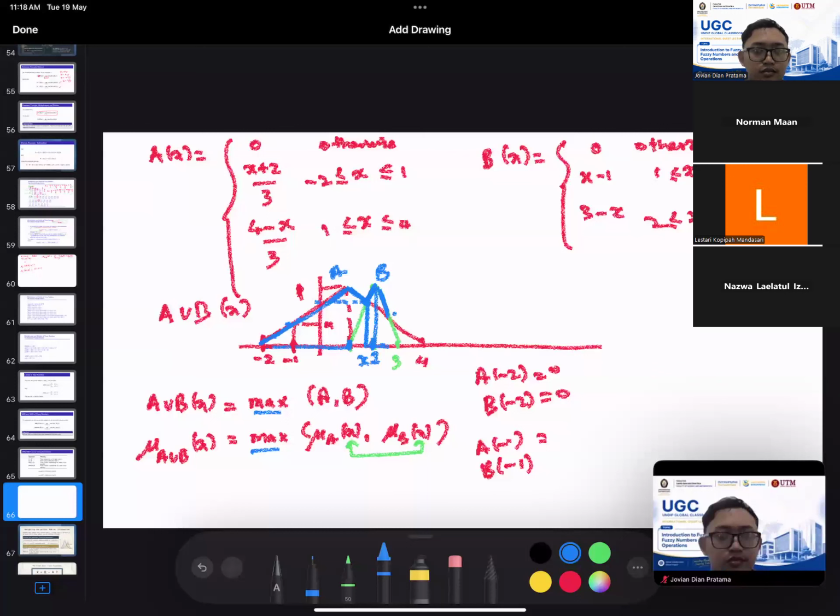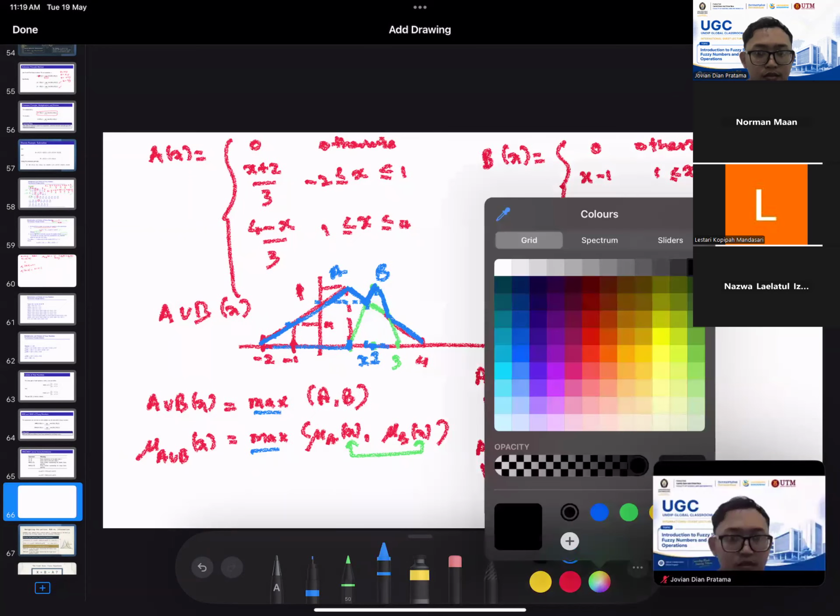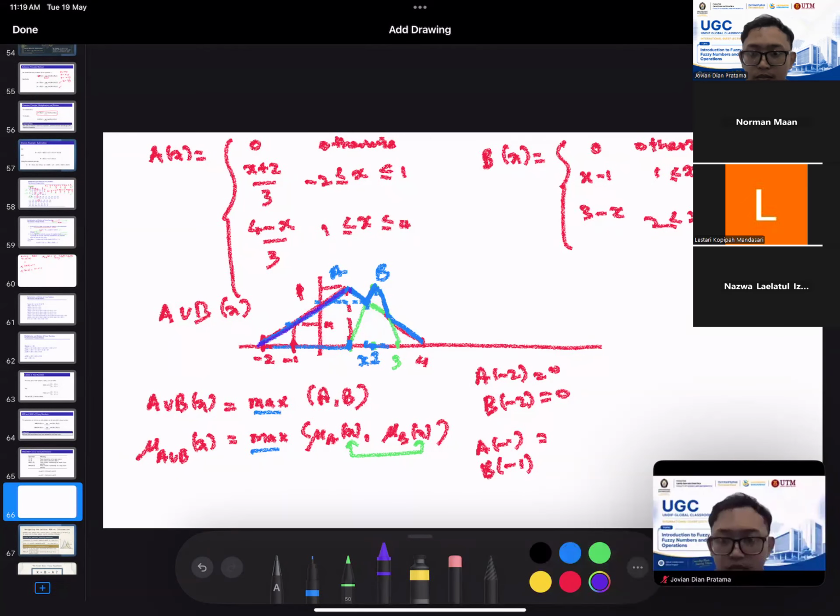So this is the union, and to make it clear, I rub this. The blue color, I repeat, maybe I change the color. This color represents the union of two fuzzy numbers.